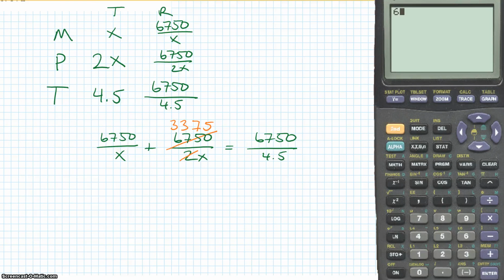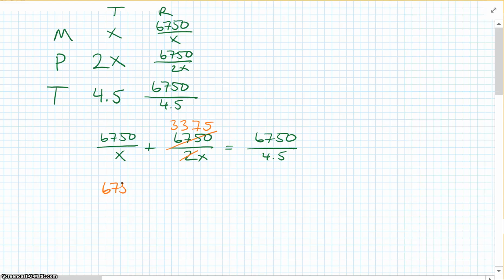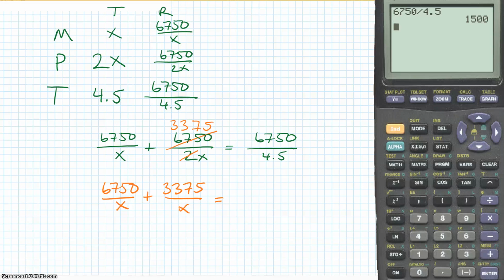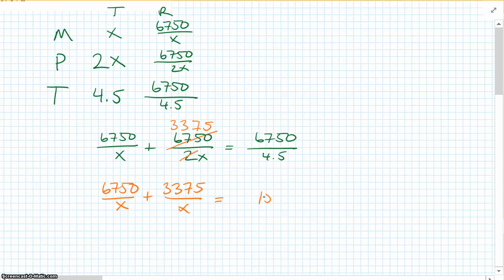I just don't feel like doing it right now. 6,750 divided by 4.5. We hit the enter button, 1,500. So I've got 6,750 over x plus 3,375 over x equals 1,500. That's really over 1, right?